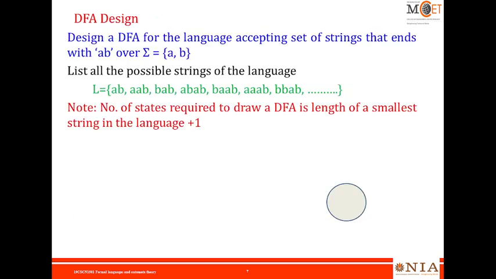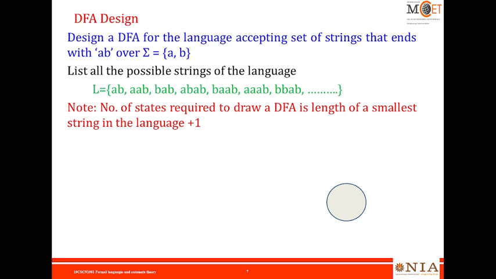Next one is the design of a DFA. For example, design a DFA for the language accepting the set of strings that ends with AB over {A, B}. Here we first have to generate the list of all possible strings of the language. The input symbols are A and B. The string may start with either A or B, but it should end with AB.